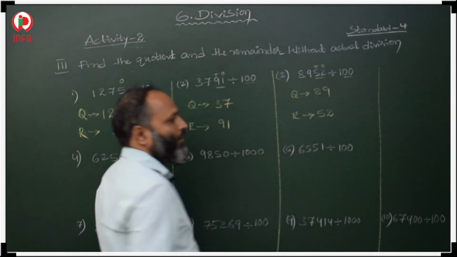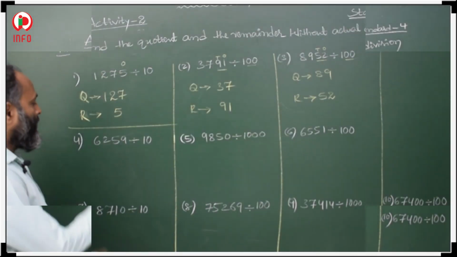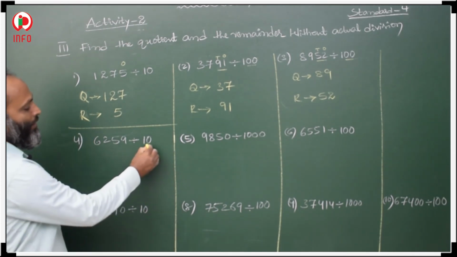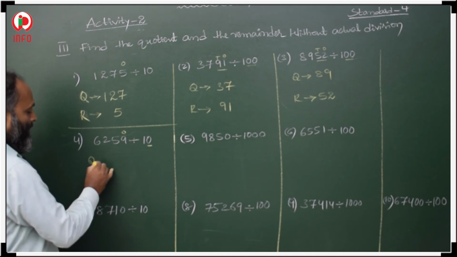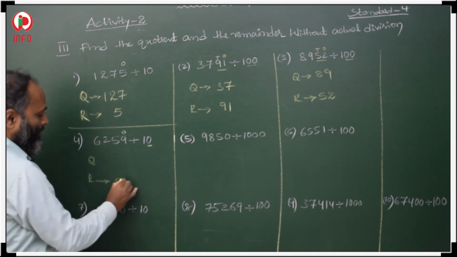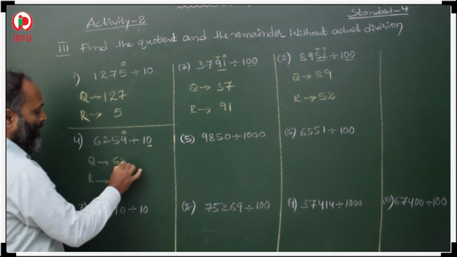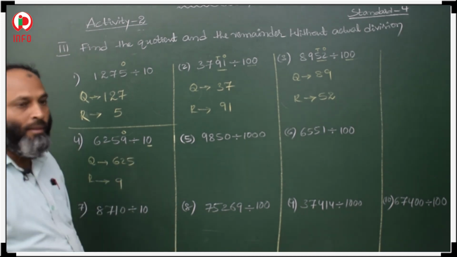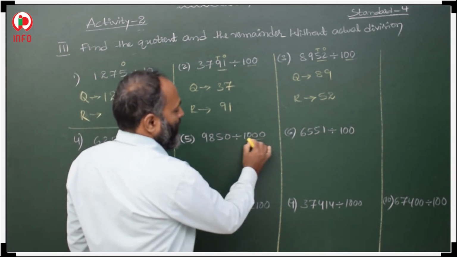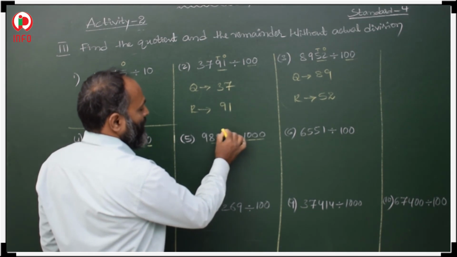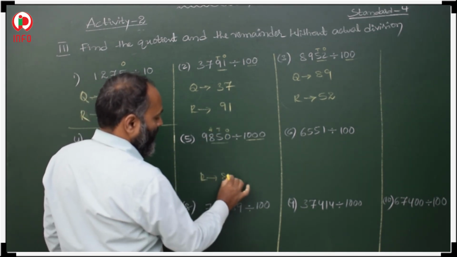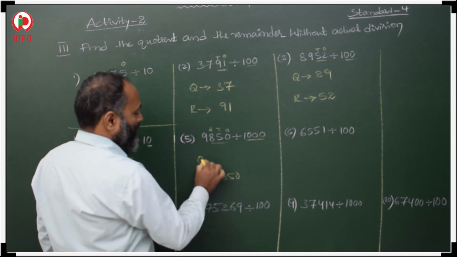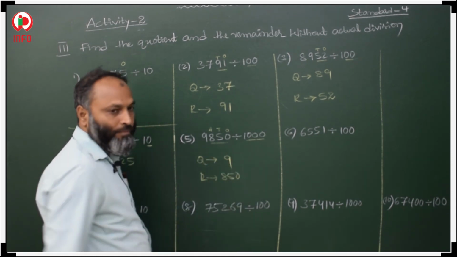Next, here we are dividing with 10, only the ones place is our remainder and the rest of the places our quotient. Here we are dividing with 1000, which means 3 places, ones, tens and hundreds. These 3 places our remainder and the rest of the places our quotient.